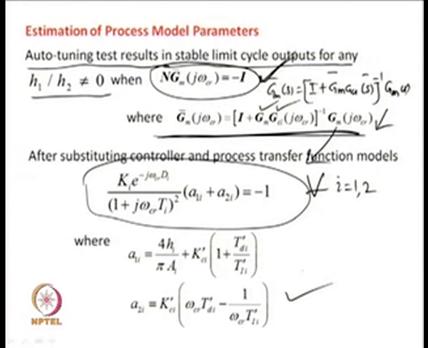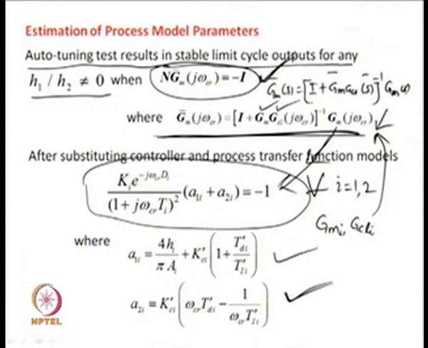These expressions are not difficult to get. It is very easy. Simply substitute the expressions for GMi and GCLi in the general expression, which will result in another general expression of this form, where the constants A are given by this.